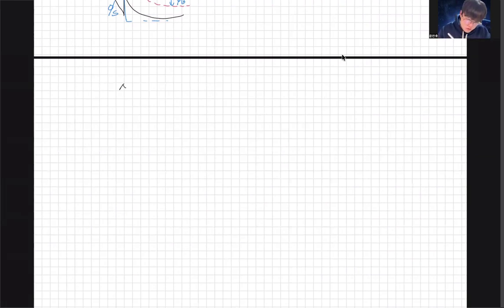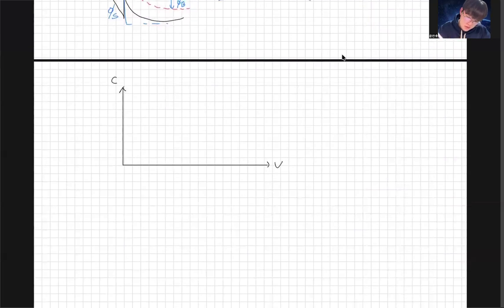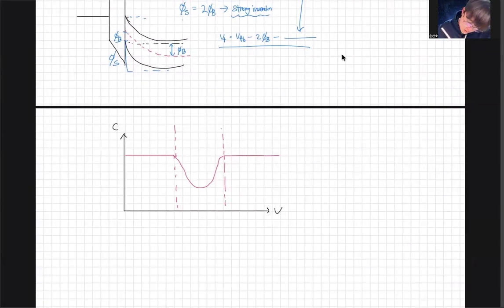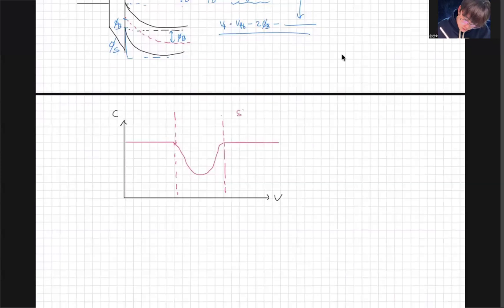So I can draw the CV curve, like this. And we can divide it like this. And this region is strong inversion.